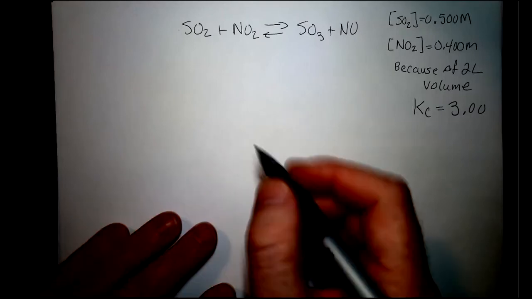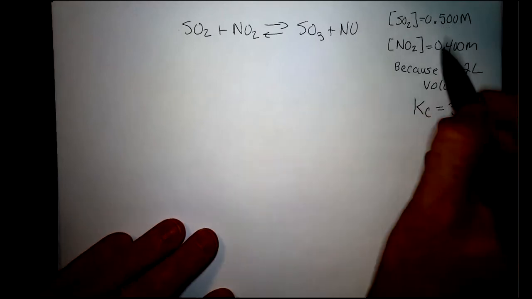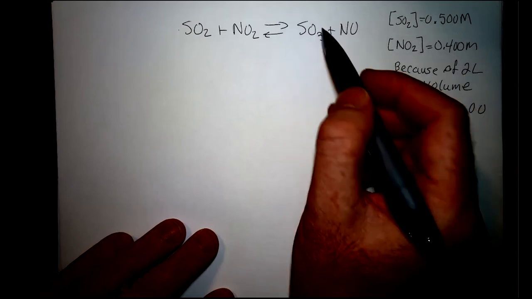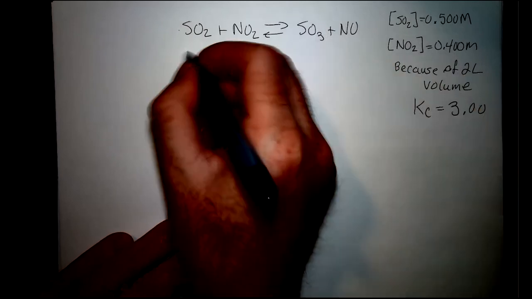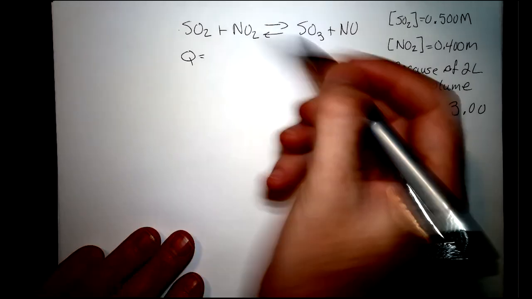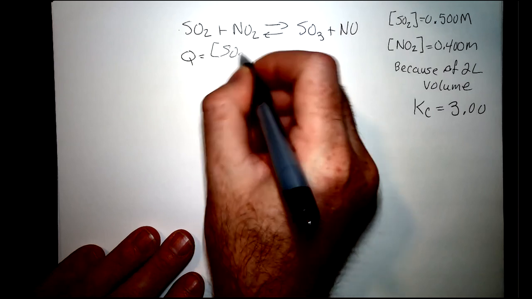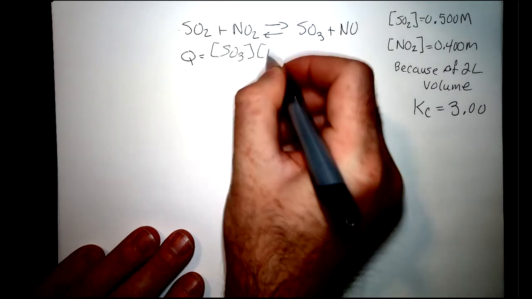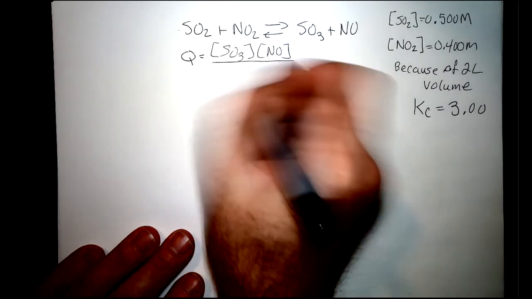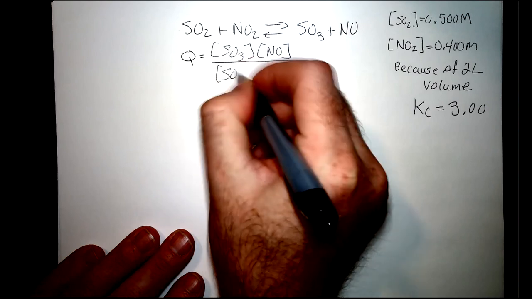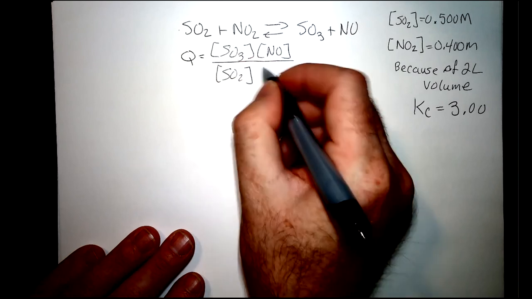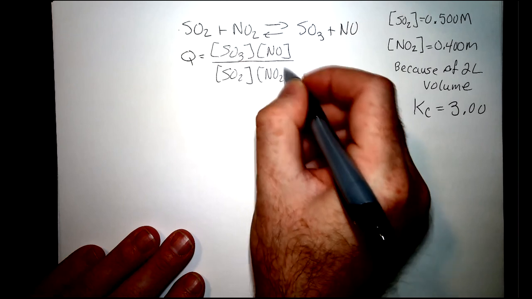Which way is it going to shift? I have concentrations of reactants, but no products. So our Q would be the concentration of SO3, concentration of NO, over the concentration of SO2, concentration of NO2.